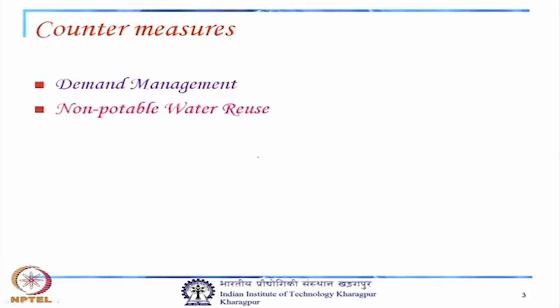Then non-potable water reuse is the second measure. Third one is modified pumping rates. We can modify the pumping rates, and with the modified pumping rates we can control the seawater intrusion.